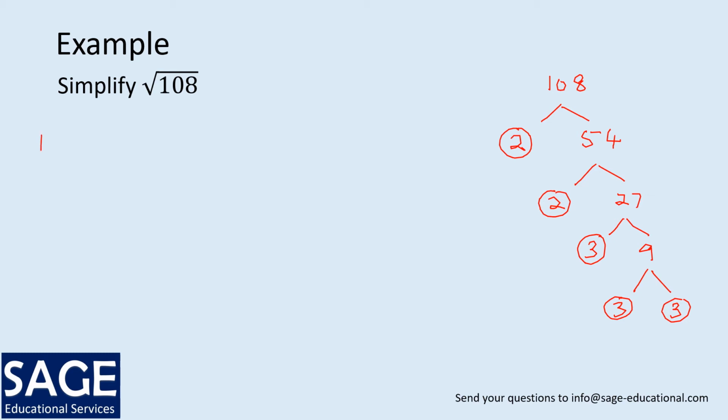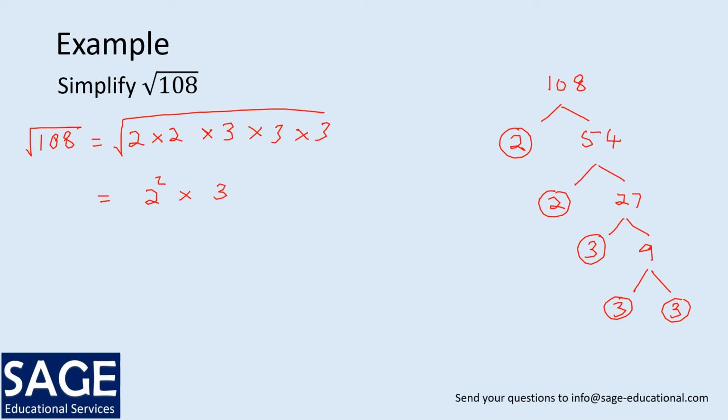So now I can say the square root of 108 equals the square root of 2 times 2 times 3 times 3 times 3. And this is a group of 2. So this is the square root of 2 squared times 3 squared times 3.